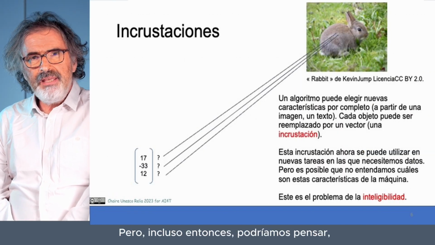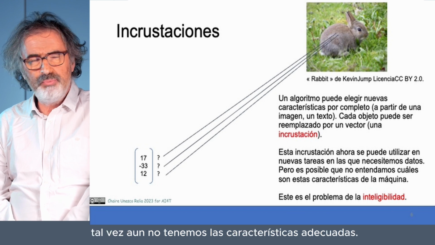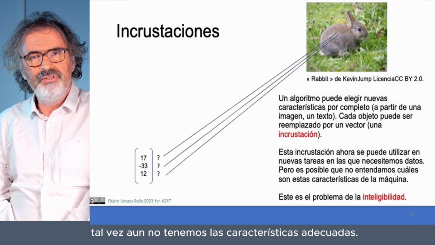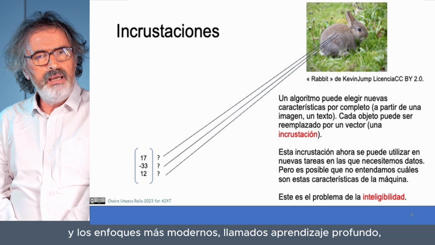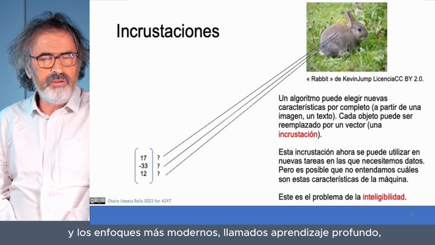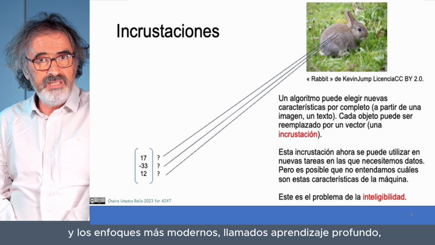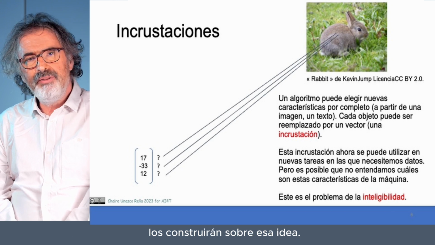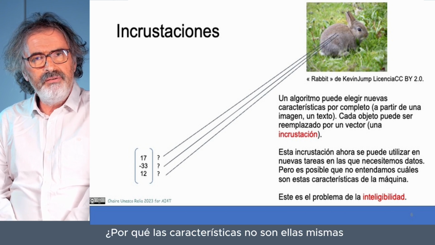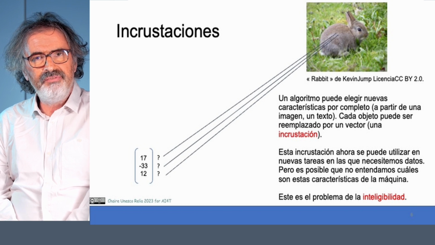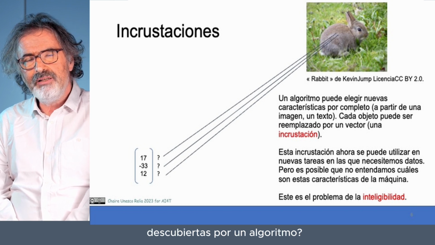But even then, we may think perhaps we still don't have the right features. Perhaps we had to measure something completely different. And the most modern approaches, called deep learning, will build upon that idea. They will think, well, why don't the features be themselves discovered by an algorithm?